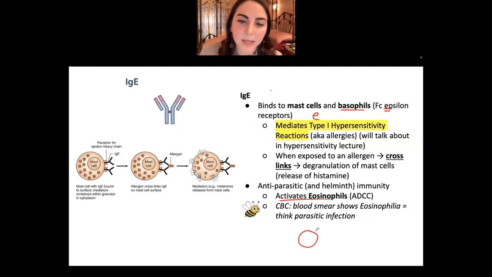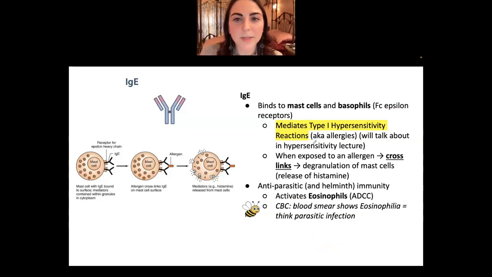So this eosinophil has a receptor for the IgE antibody. Here's its receptor and it can bind to IgE. This is called the Fc epsilon receptor because this is IgE, E for epsilon. Mast cells and basophils also have Fc epsilon receptors.